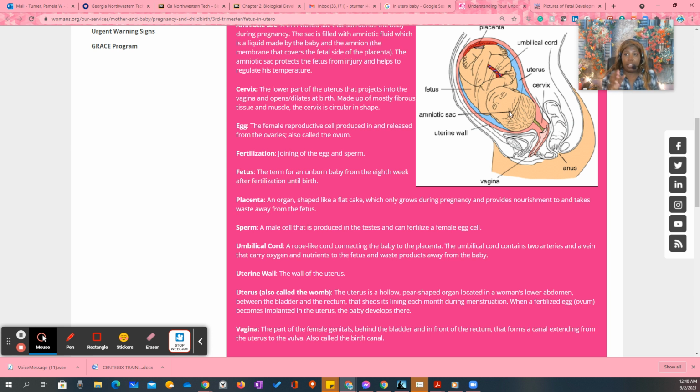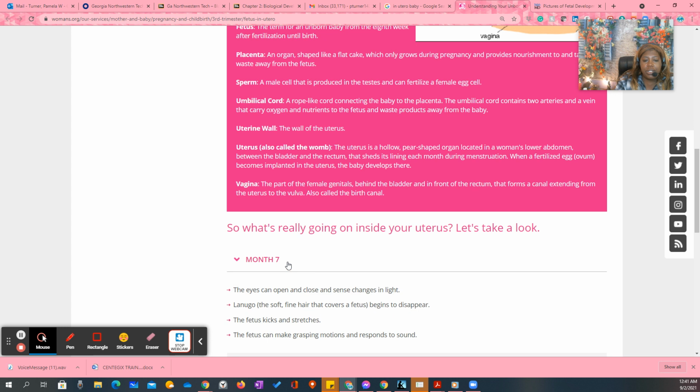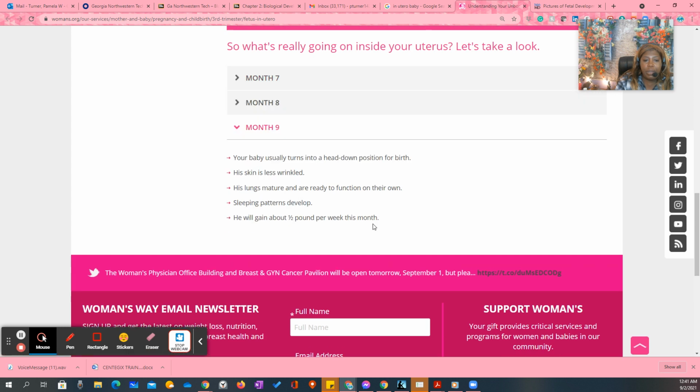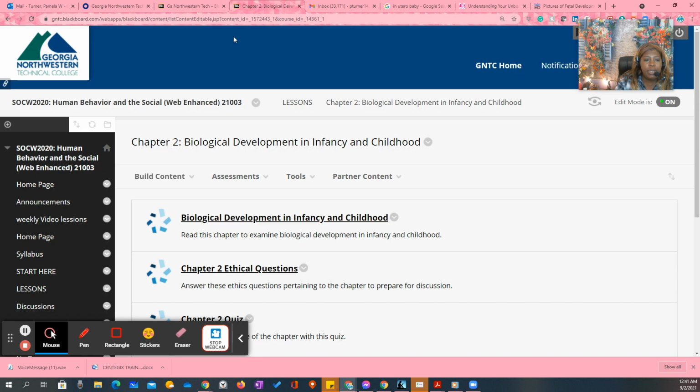Many times after mom delivers the baby, she has to push a couple more times to push out the placenta. So it's not actually attached to mom like we sometimes think. It's attached to the placenta. Again, just to give you some ideas of what that looks like. Okay, so go back to our information.